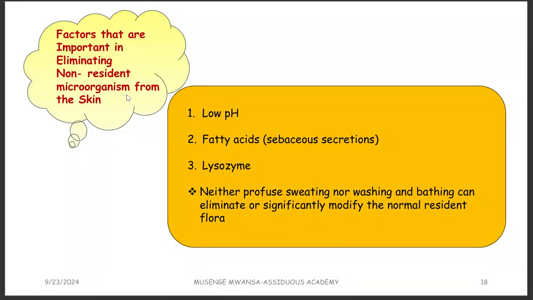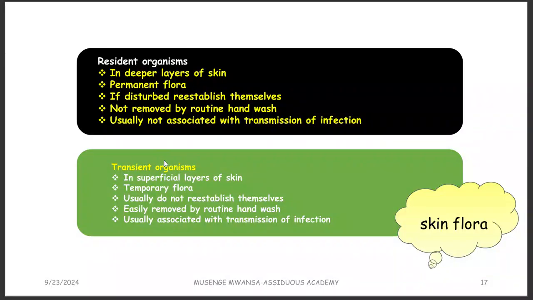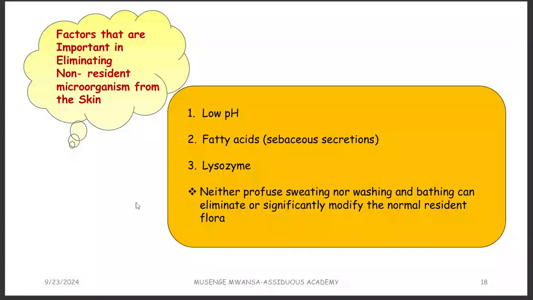What are the factors that are important in eliminating non-resident microorganisms from the skin? Okay, non-resident. Remember the non-resident, they are the ones that can cause infection. So low pH can eliminate them. Fatty acids like the sebaceous secretions can eliminate them. Lysozymes, you know this guy is produced actually from tears.